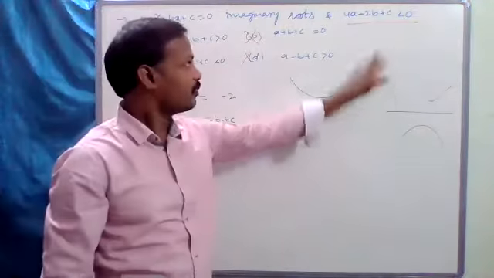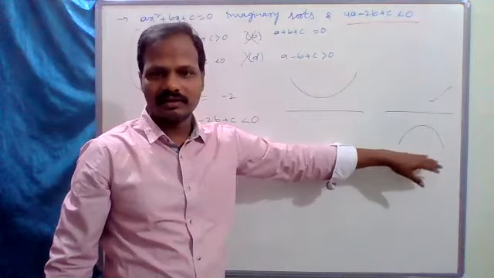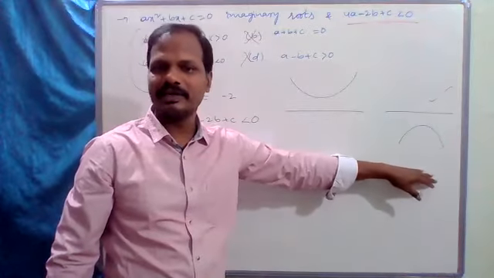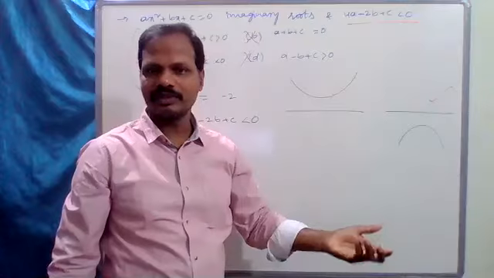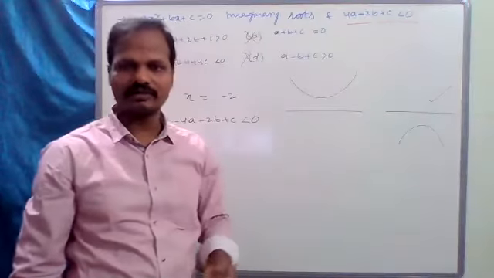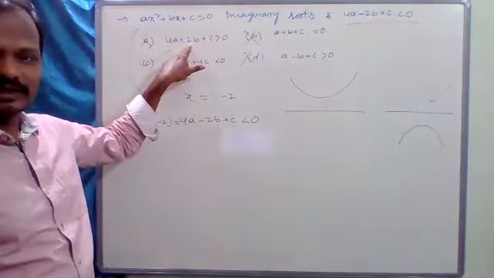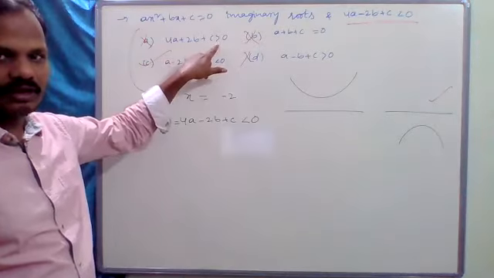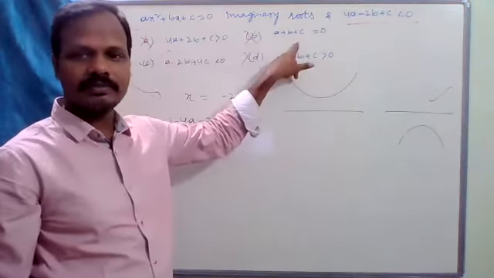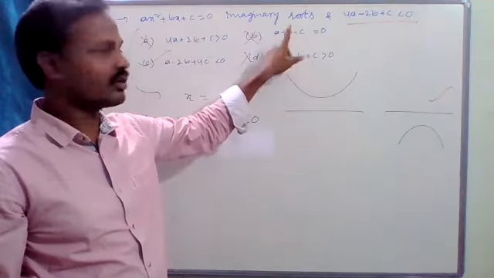By this condition, the graph of the given expression is completely negative. That means whatever value you substitute in the given expression, you will get a negative value. If you substitute x equal to 2, you get this expression, which is positive, so wrong. This expression comes from x equal to 1, so it is wrong.